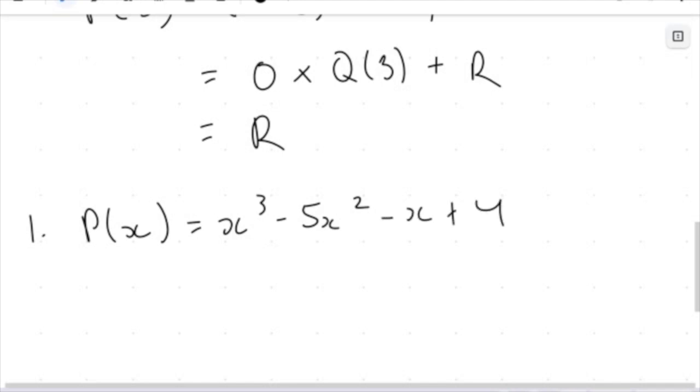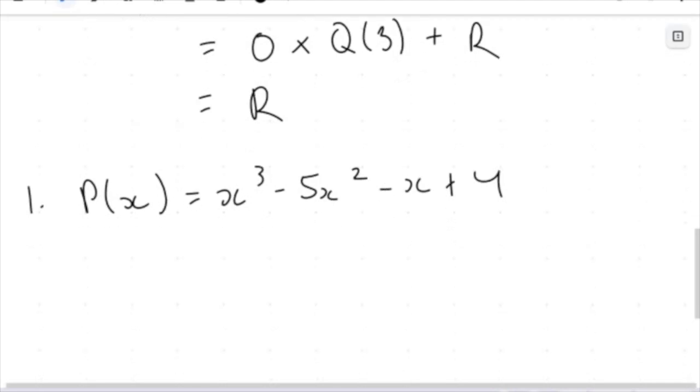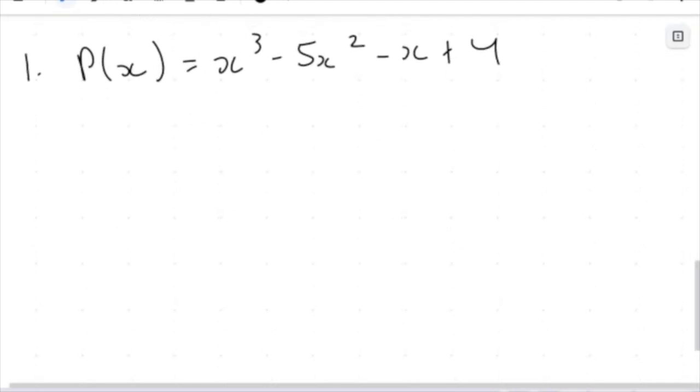Sure, we can factorize this eventually, but say this was divided by x minus 2, and we want to see what the remainder is.